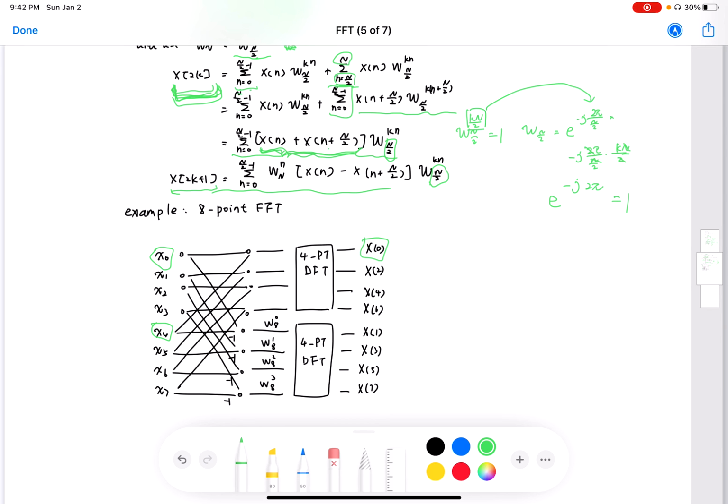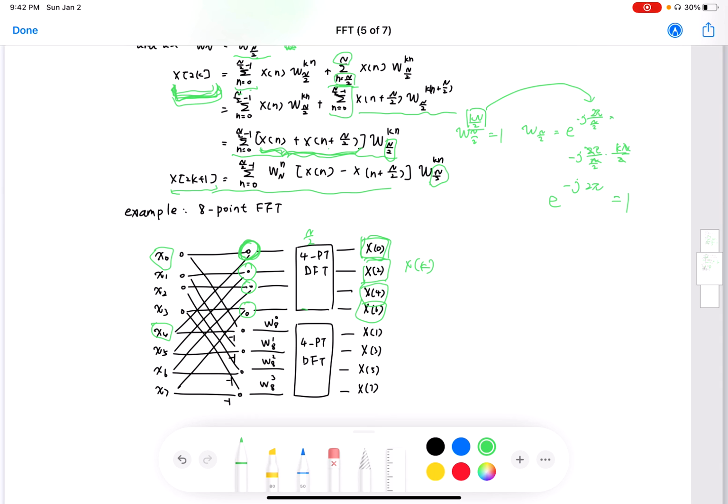We add these two elements to get this point, and this point. Then we do the N over 2 point DFT and get the even subsequence of X[k].